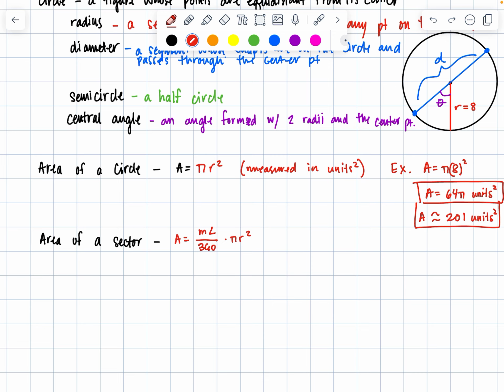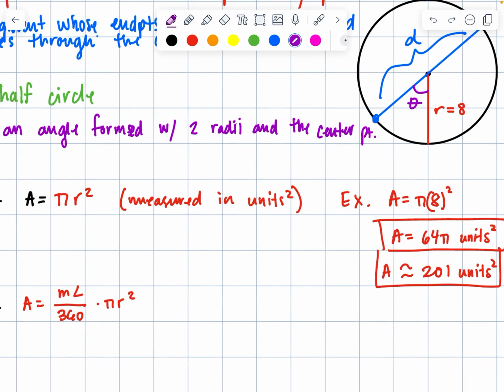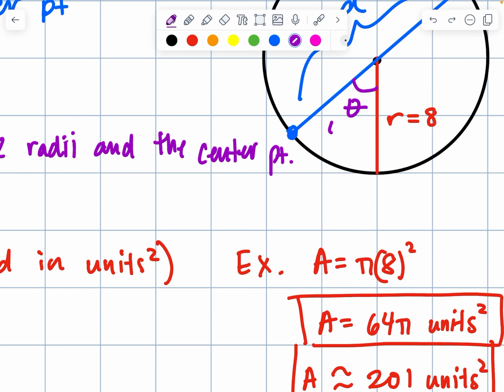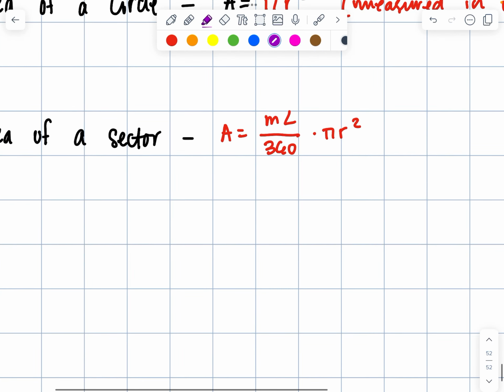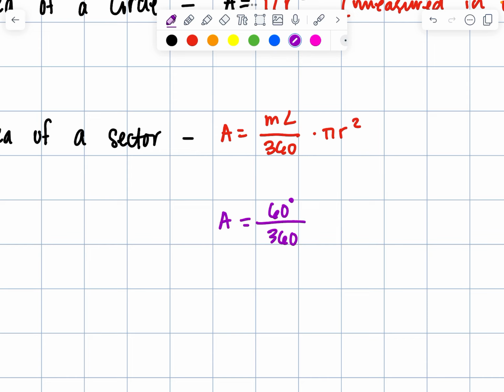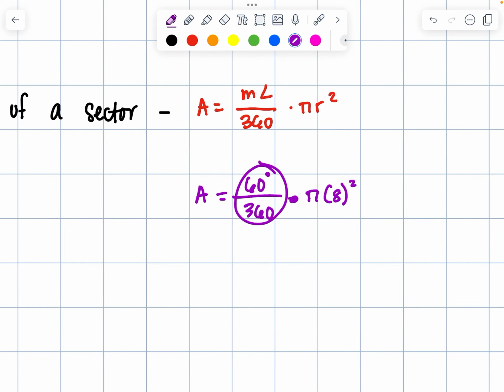So if we want to do this problem, we have to give a central angle to this. If I said the central angle was 60 degrees and we want to solve for that area, we're going to take 60 degrees. Area of the sector would be equal to 60 degrees over 360 times pi times 8 squared. 60 over 360 simplifies to 1/6.